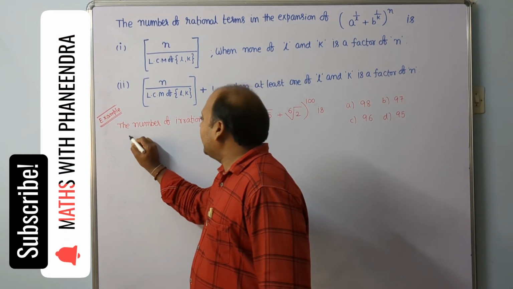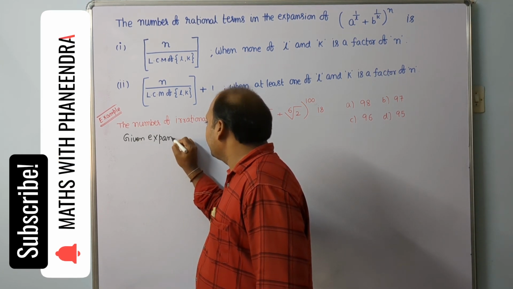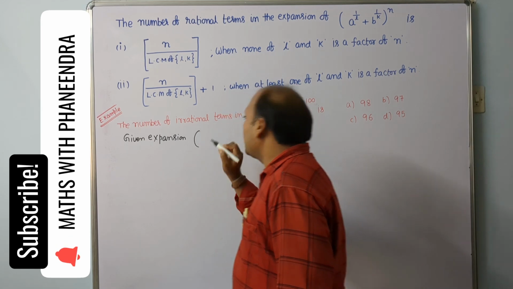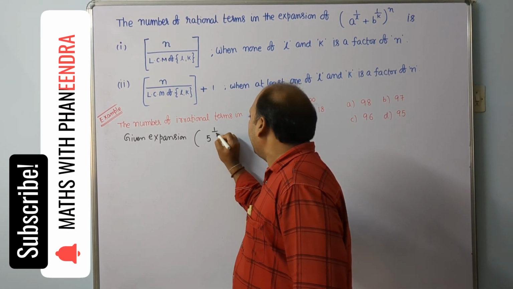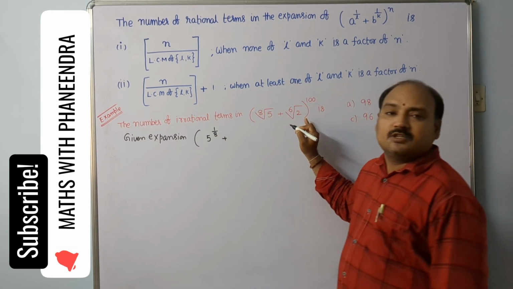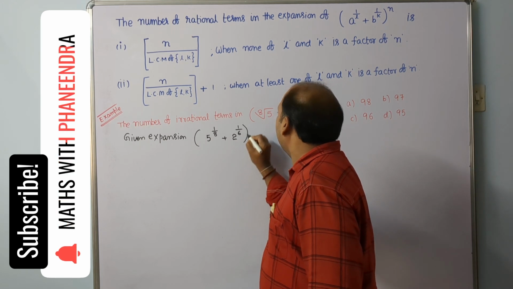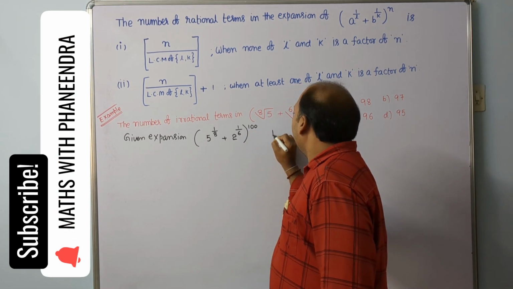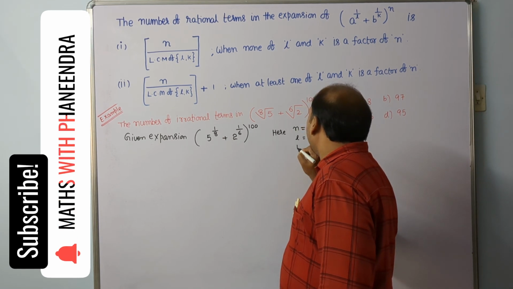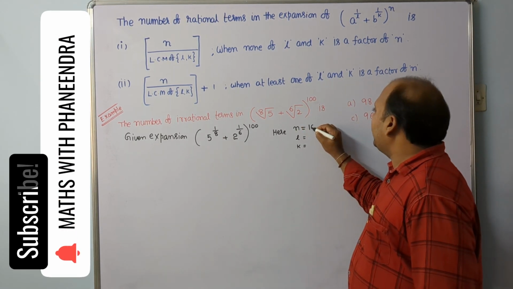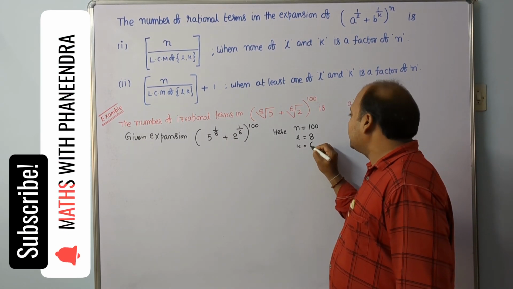The given expansion is (5^(1/8) + 2^(1/6))^100, the 8th root of 5 plus the 6th root of 2, whole power 100. Here you have to write the values of n, l and k. So n is 100, L is 8 and K is 6.